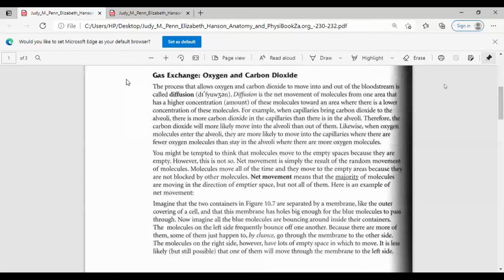Molecules move all the time and they move to the empty areas because they are not blocked by other molecules. Net movement means that the majority of molecules are moving into the direction of empty space, but not all of them. Here is an example of net movement.